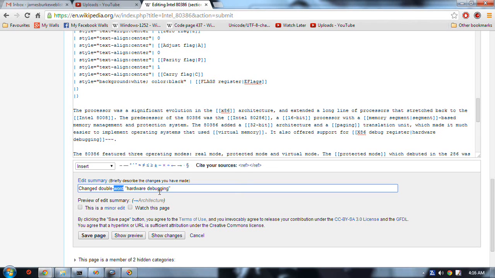Double link. No, that's not. I would say it's a minor edit. Preview it again. See what happens with the wiggle.